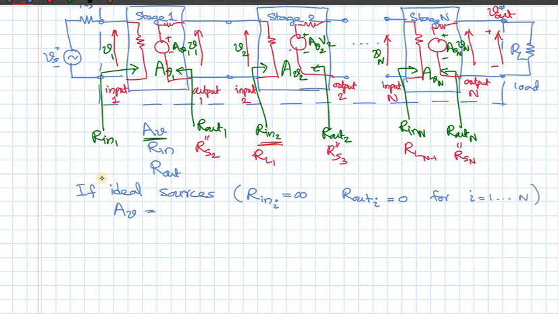If this is the case, AV would have been equal to AV1 times AV2 times AV up to AVn.